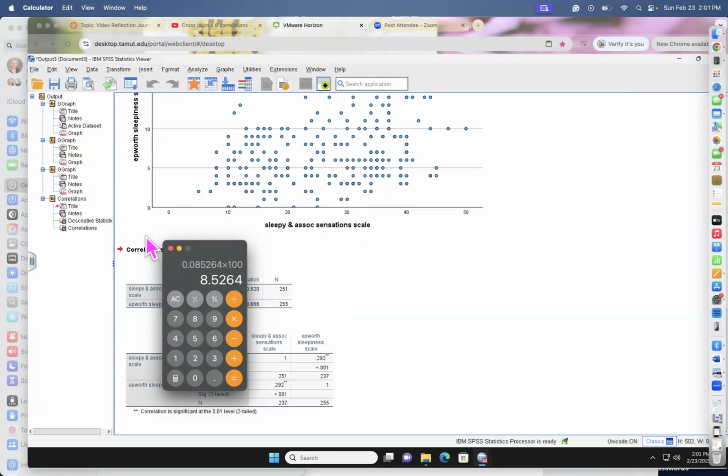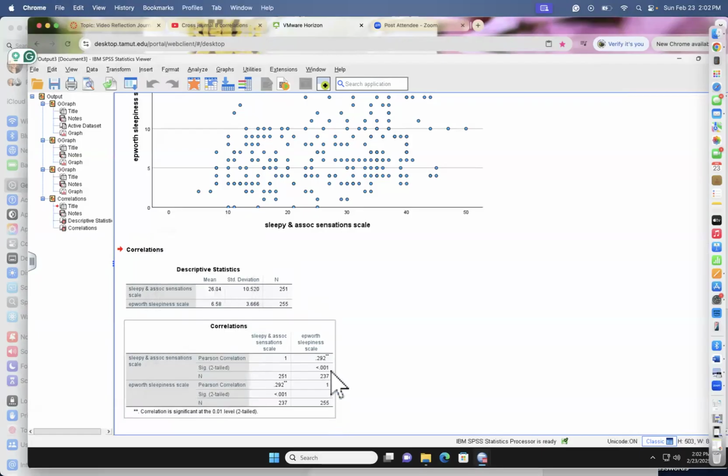So what that tells us is we don't have much of a variance, much overlap. So that's good. And a significance level is if it is less than 0.001. So that's what I'm looking at right here, our significance level. And it's a large sample size because our sample size is 251. So we can see here that the Sleep Association Sensation Scale and the Epworth scale match.